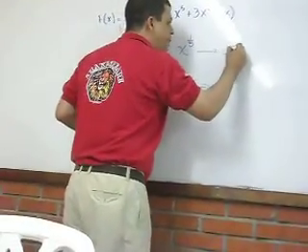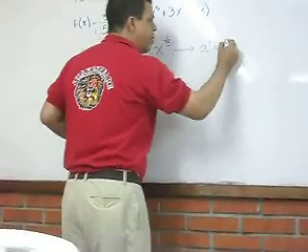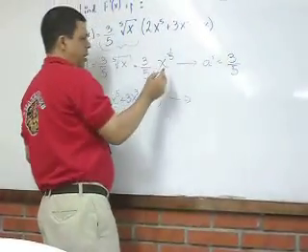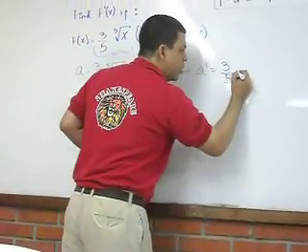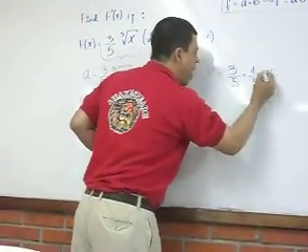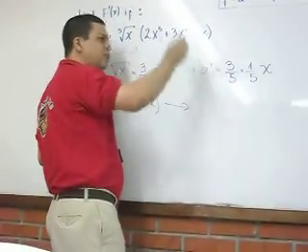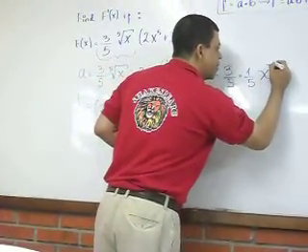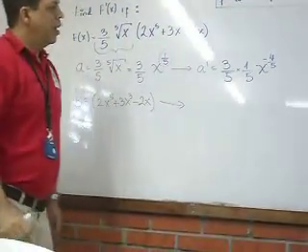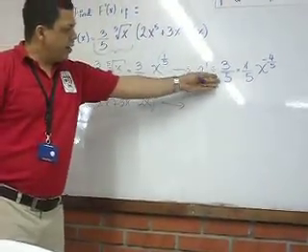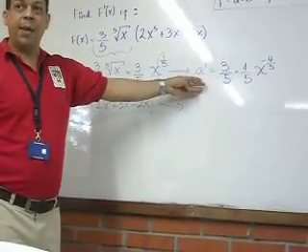And finally, a prima would be 3 over 5. This 1 over 5 is going to go like 1 over 5. And then 1 over 5 minus 1 is minus 4 over 5. This is already the derivative of a, what we call a prima.